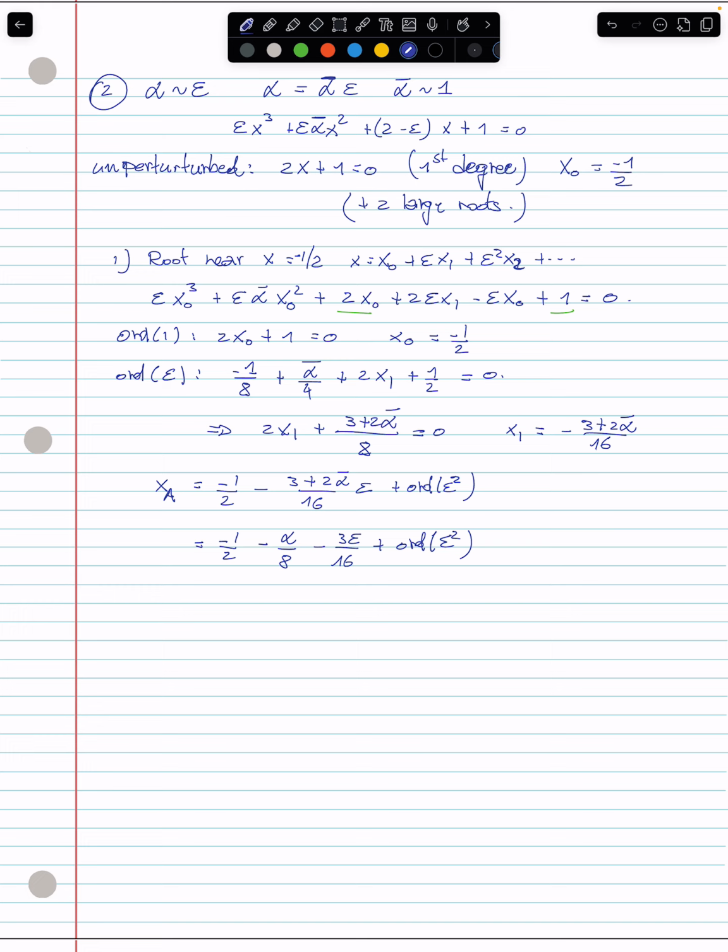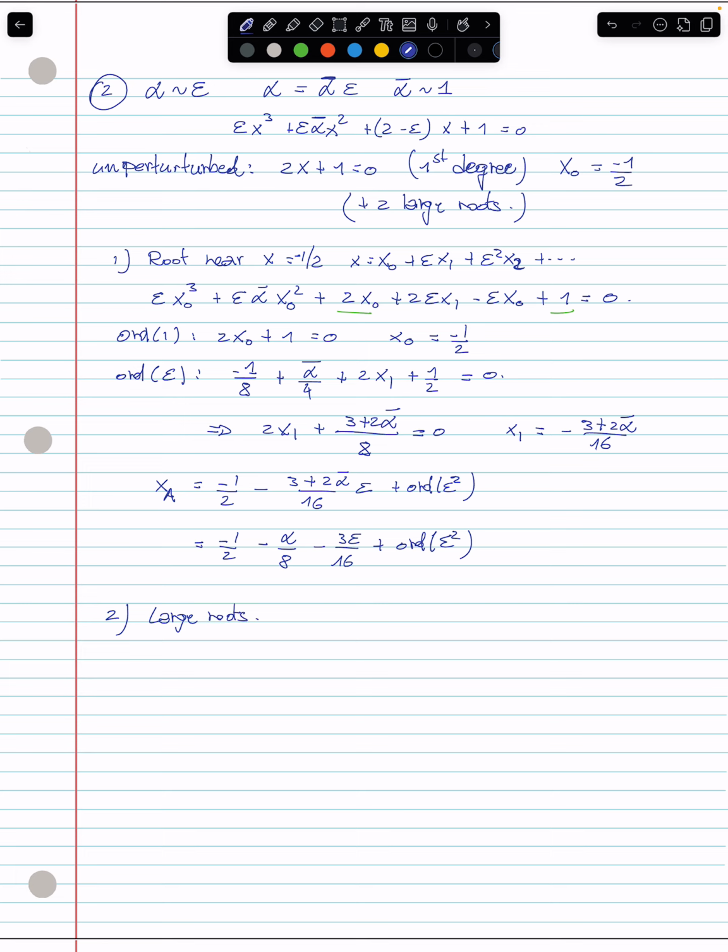And that's pretty much it. This is the expression of the first root. Second root: we need to find the order of magnitude of the large roots.